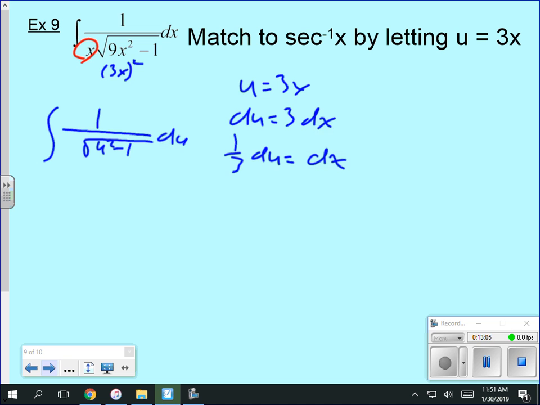I have not technically replaced that with anything, have I? Technically, my x is still here, but I can't have that. I can do a substitution, though. If u is equal to 3x, 1/3 u is equal to x. So I take this x here, replace it with 1/3 u.